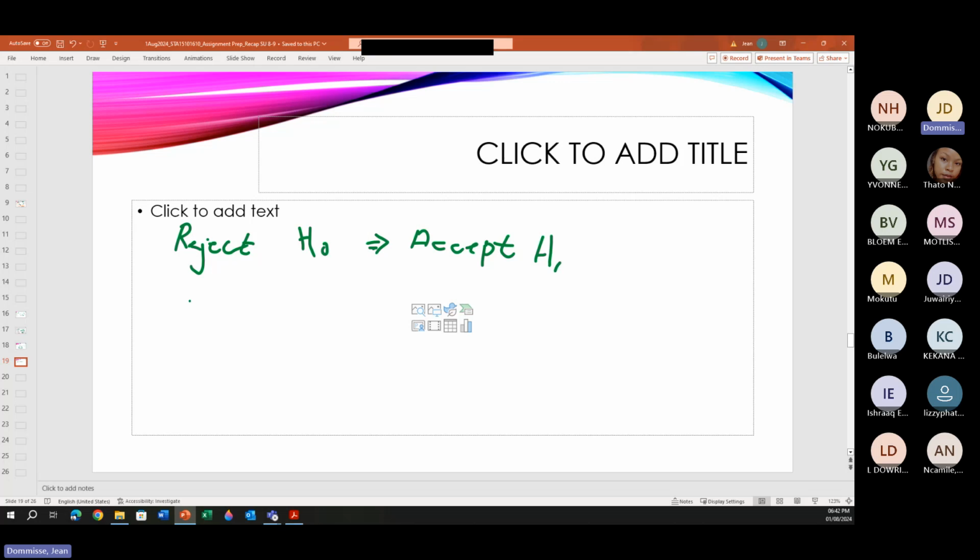So if your null hypothesis was, now in this instance, the population proportion equal to 0.78.